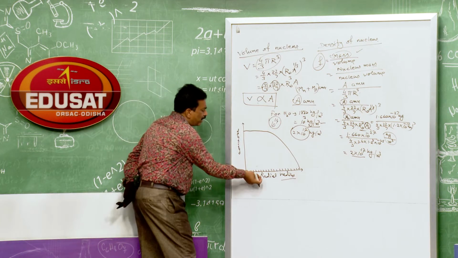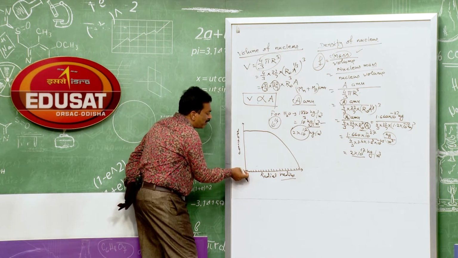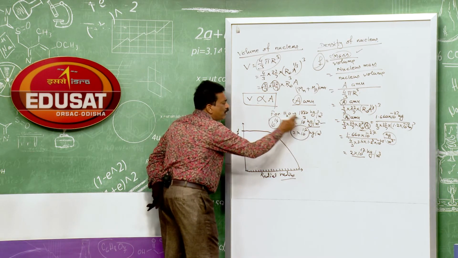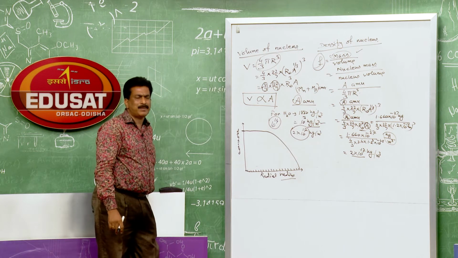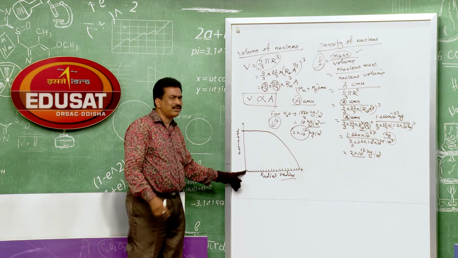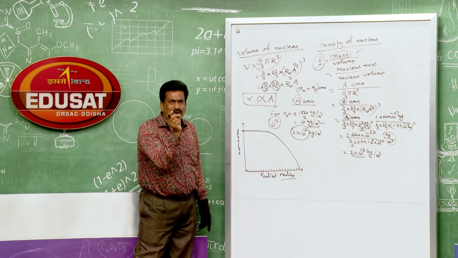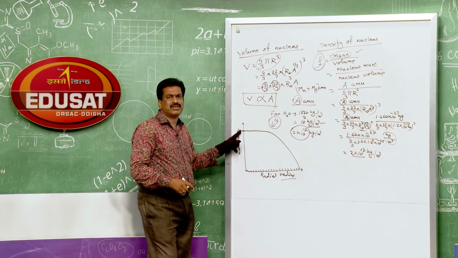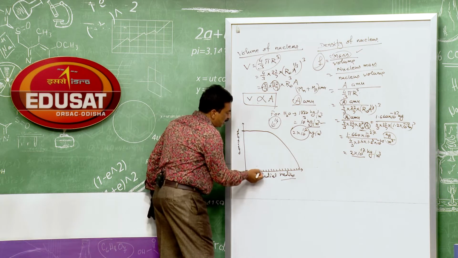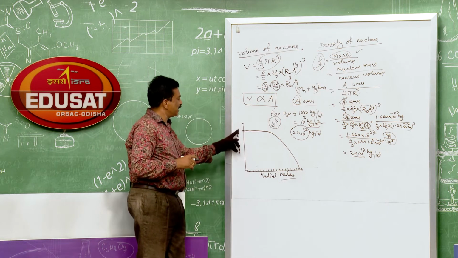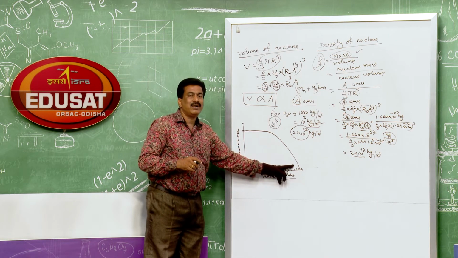When the radius is very small, the density will go up to 2 into 10 to the power 17, which is the maximum. When the radius is very small, that is for the lighter nuclei, the density is this much, and as the nuclear radius gradually increases, the density decreases.